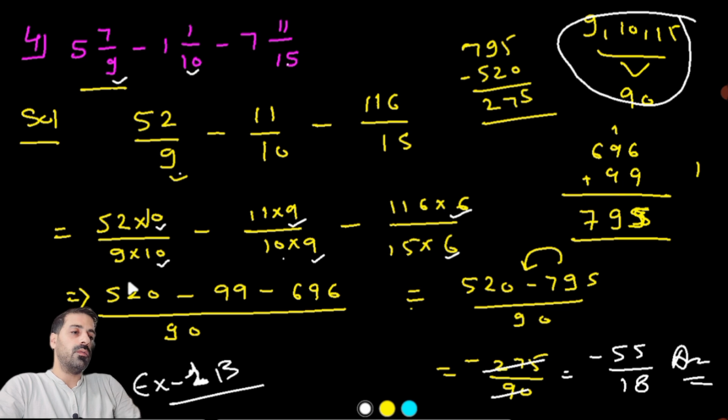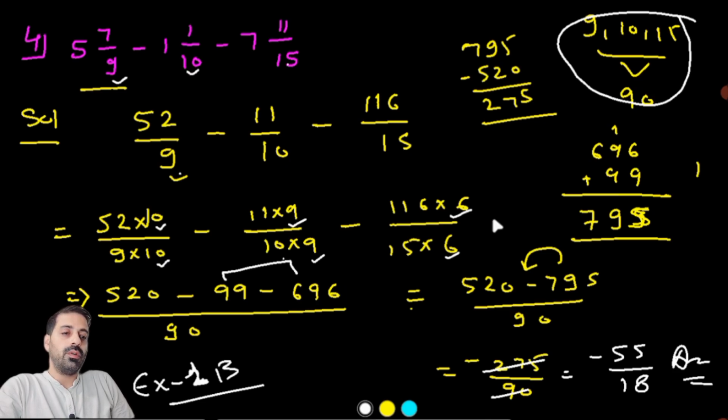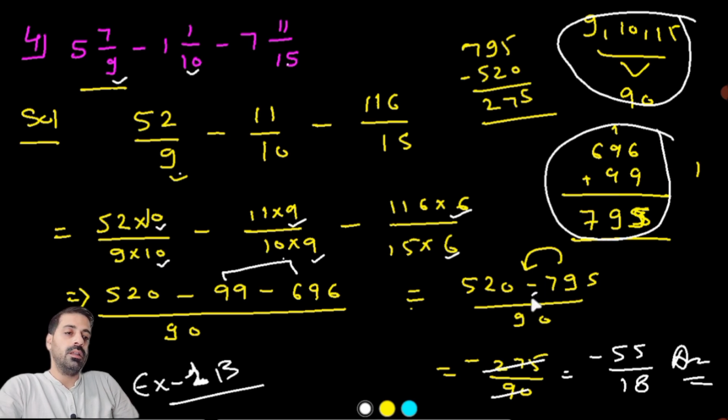So now multiply it. 52 multiply 10 is 520. 99 minus 696. These two negative numbers are going to be added, so here I add them, but they consist of the negative sign. So you can see here they have the negative sign, 759. So one is a positive number and one is a negative number. So from the larger number we subtract the smaller number first.